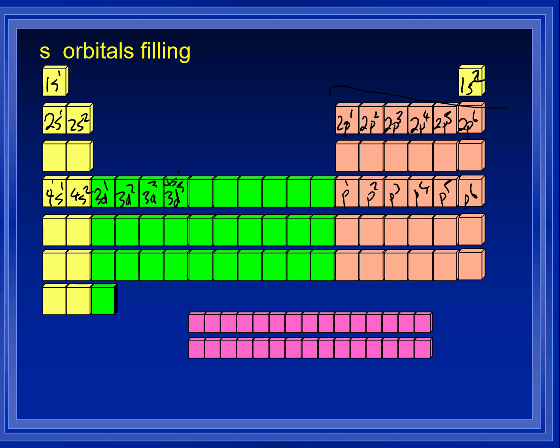Right, because nothing ever ends in d4. Then there's 3d5, 3d6, 3d7, 3d8, 3d9, 3d10. And what comes right after 3d is 4p. So see how the patterns in our electron configurations show up on the periodic table.